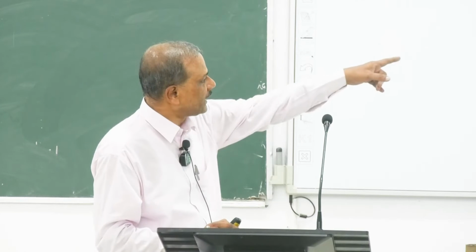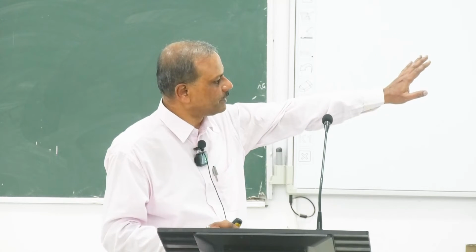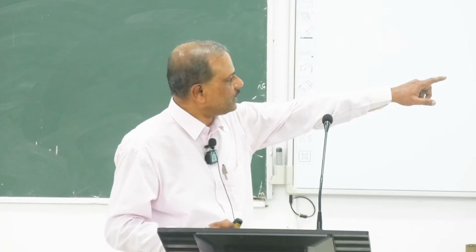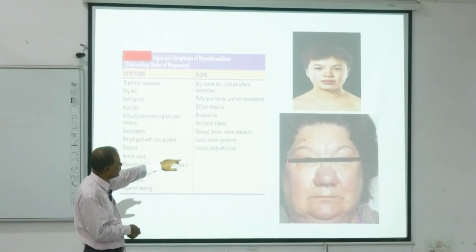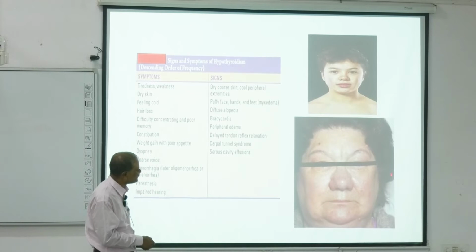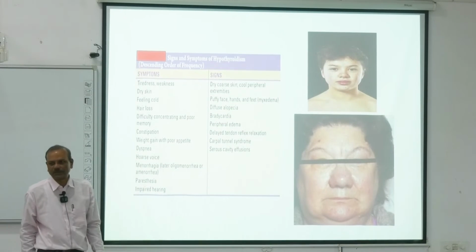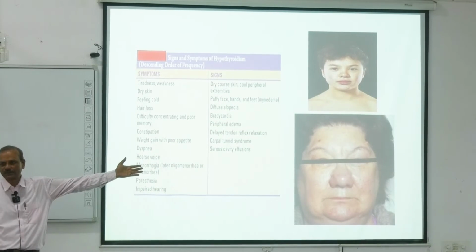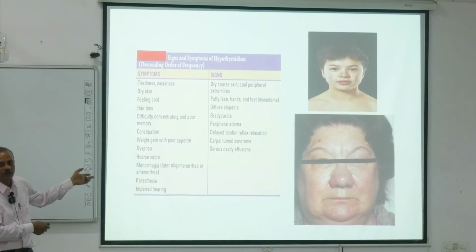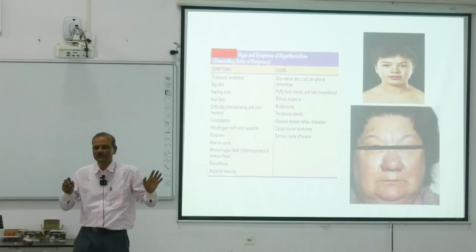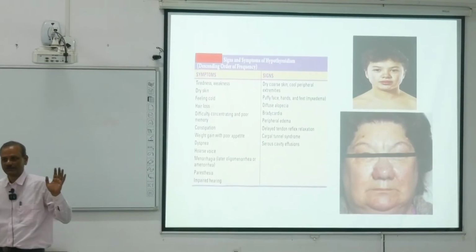Next. So in adults, just by looking backward, see, this type of picture you will definitely get. This is from a foreign country, so you will get this type of picture. Now this type of face doesn't indicate that the patient is having hypothyroidism. You will see this type of face when the disease is quite advanced.